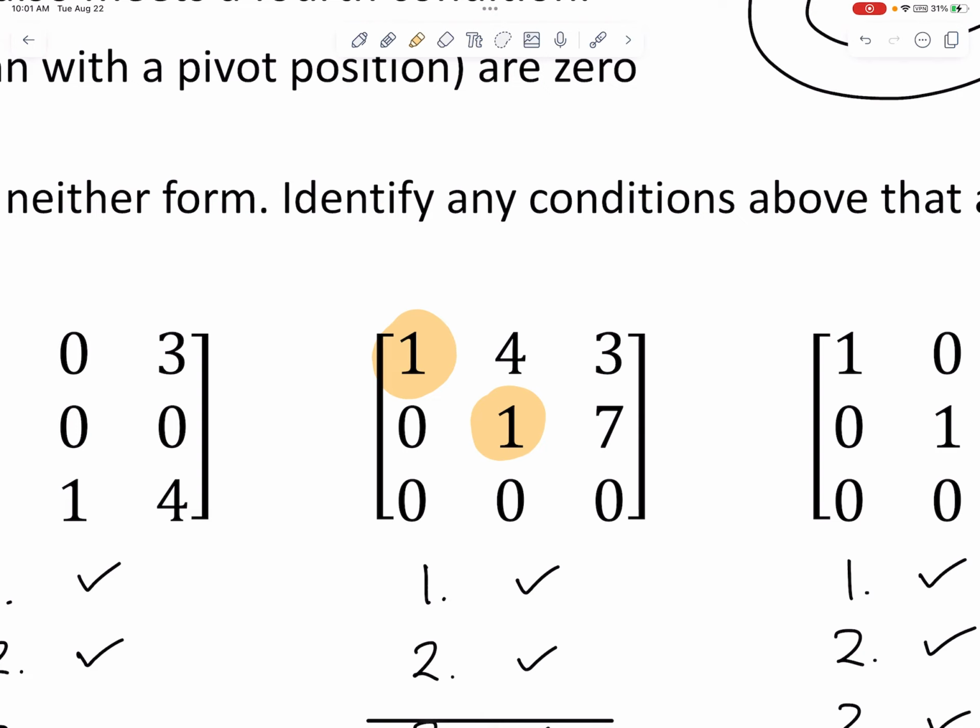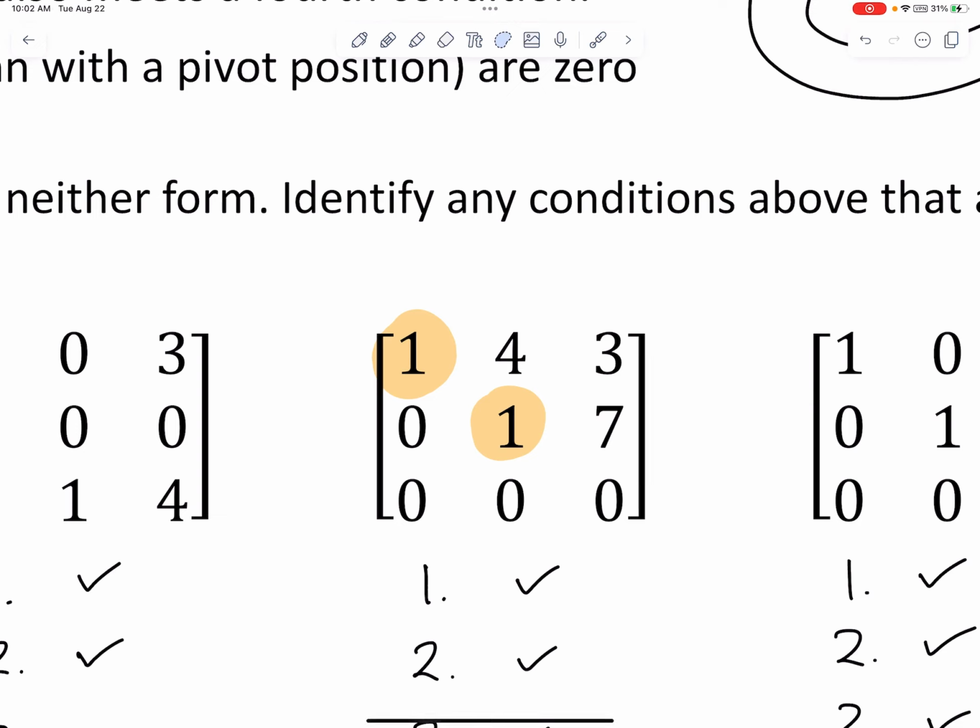So now we want to draw our focus to all the other entries in those columns. I do not care about column 3 when I'm doing condition 4 here because column 3 does not have a pivot position. So in the first pivot column, we have a leading 1, and then below it we have two entries. They're both 0. So this column satisfies the fourth condition.